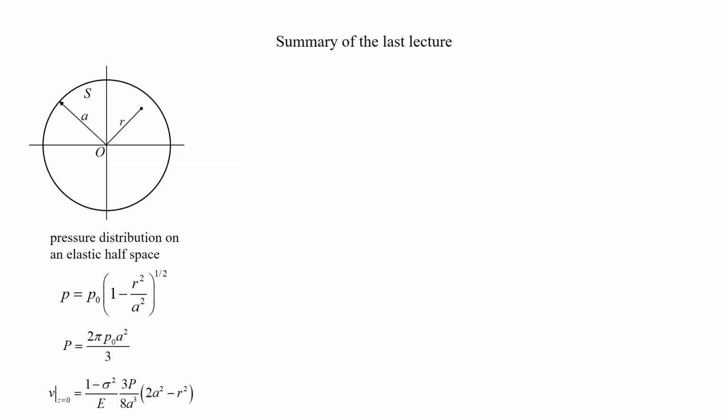So, for example, in an elastic half space, when you apply the pressure of this particular distribution, P 0 into square root of 1 minus r square by a square, and the total load capital P can be given by this, obtained by integration, then the vertical deformation V at any location r of this contact area is given by this equation.